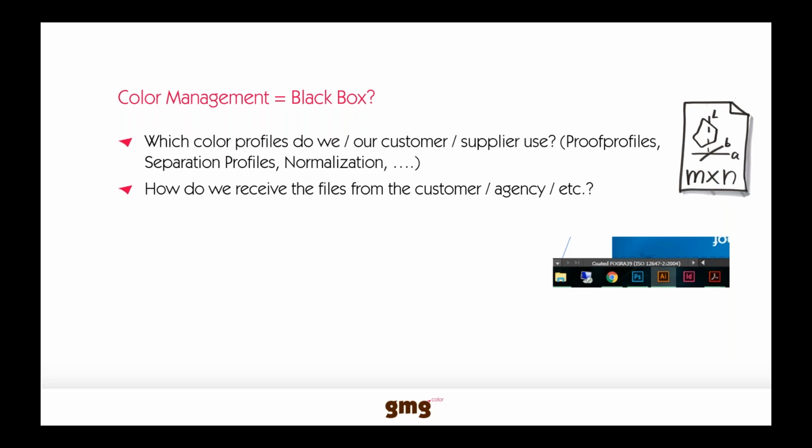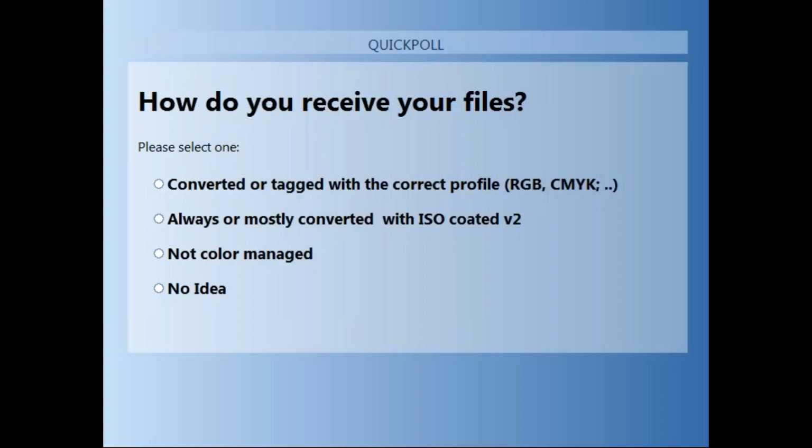I want to start with a question to all the participants, because this is always a big topic. How do you receive your files, or how do you deliver files if you're a brand owner or an agency, to further steps? Now you should see a question on your screen, and I just want to see a tendency among the participants.